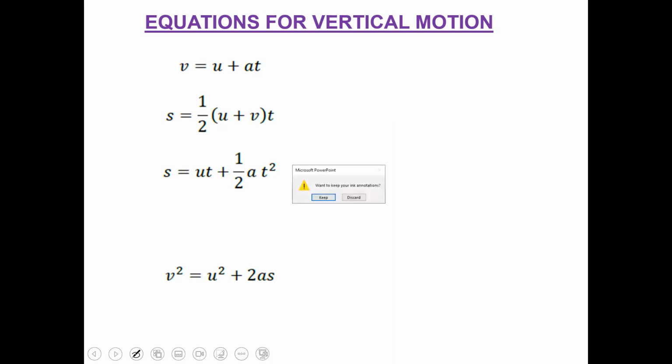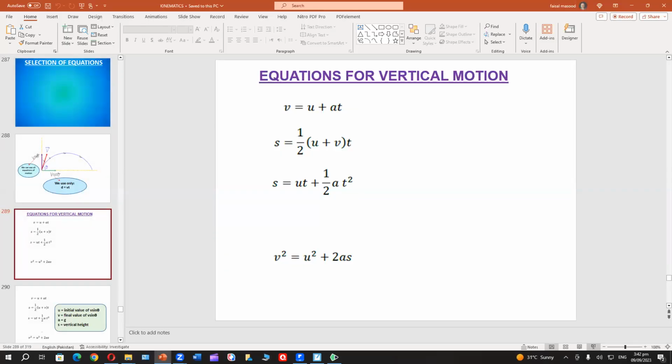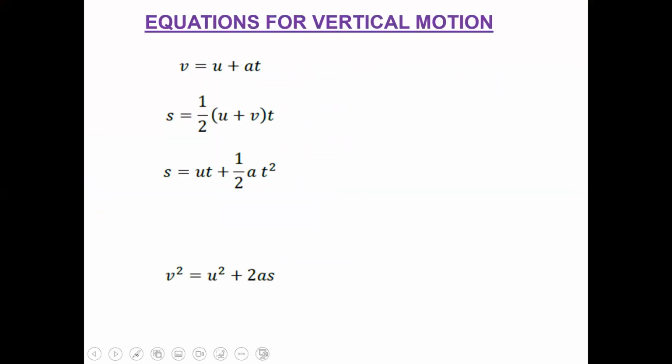Now please copy this equation, copy this screen.